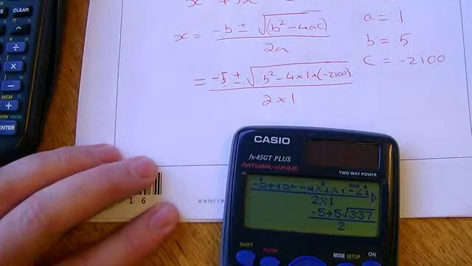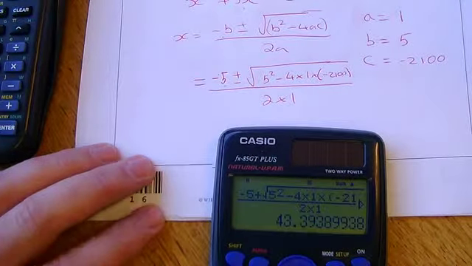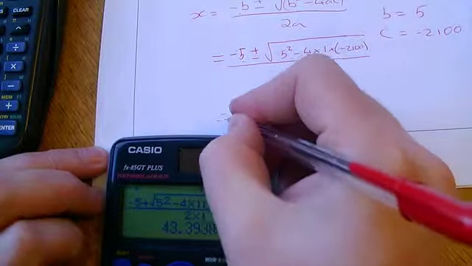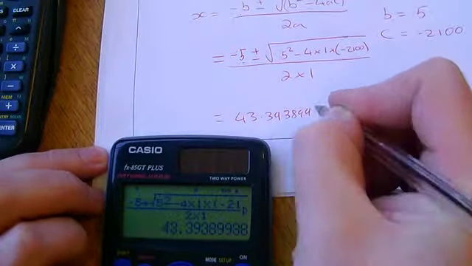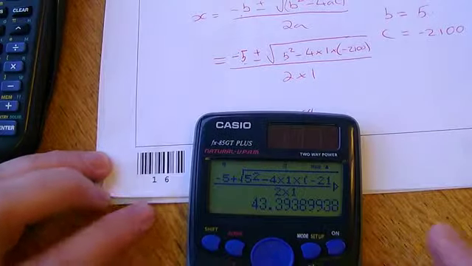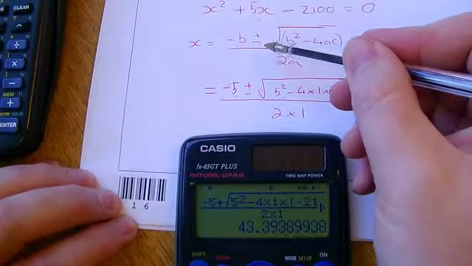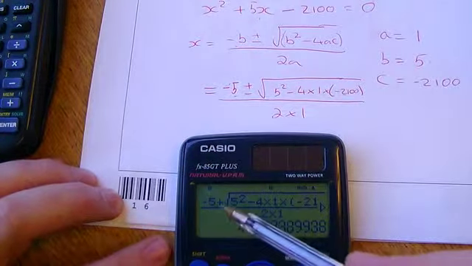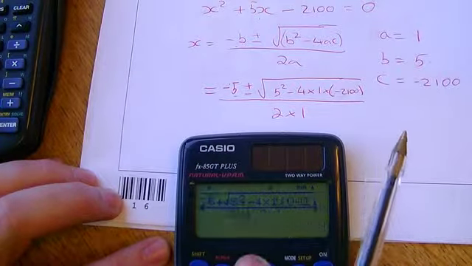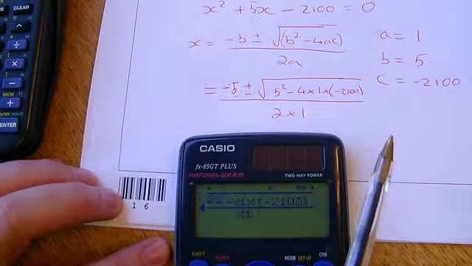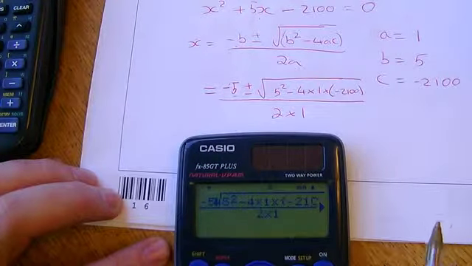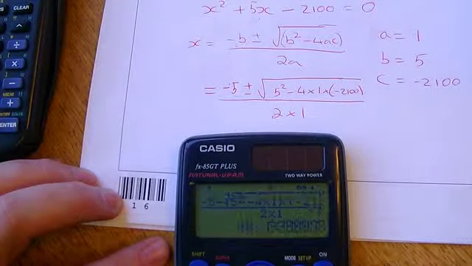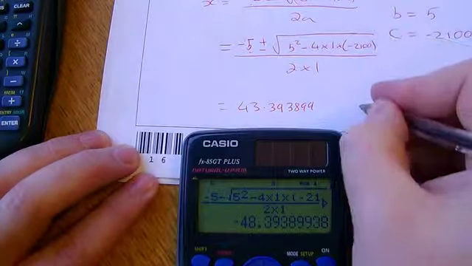And if you get that form come up, press SD, and you get an answer. 43.393899 for now, okay? That plus or minus here means you do this calculation with that as a plus, and then you go back into calculation, or you can type it in again and do it with a takeaway. And that gives us this answer.